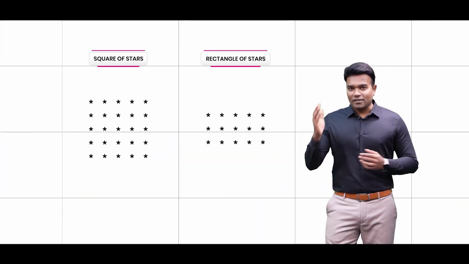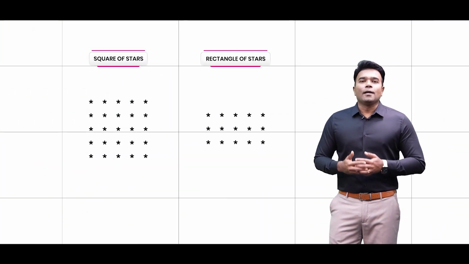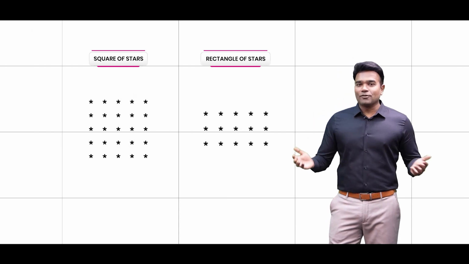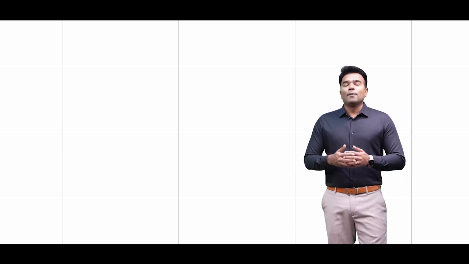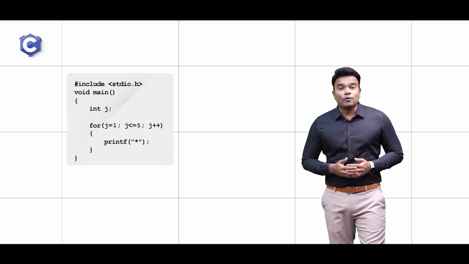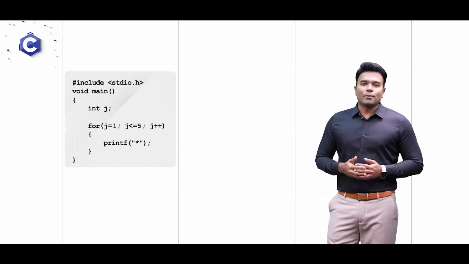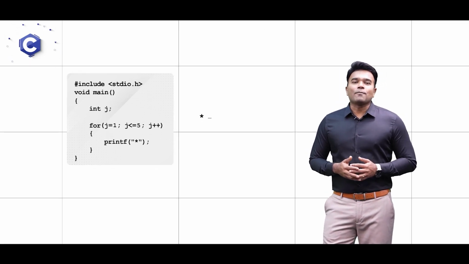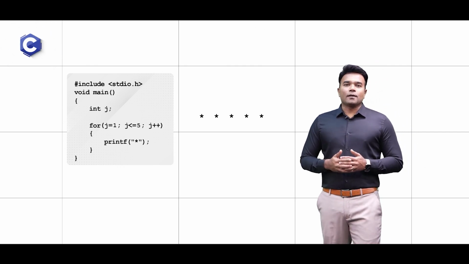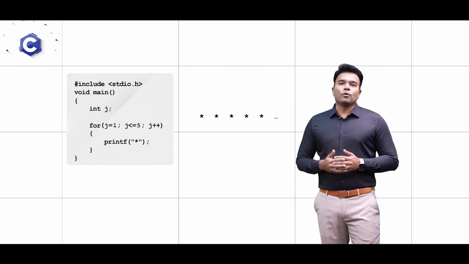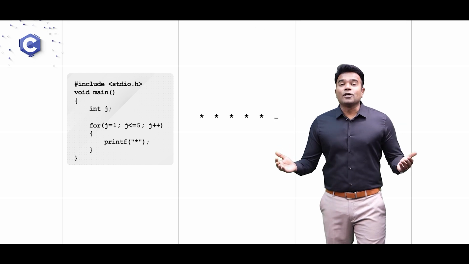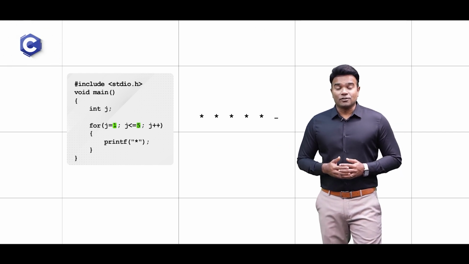Even before I dive deep and tell you how we can be creating a square of stars and a rectangle of stars, let me revisit this piece of code. I am sure that you understand that this piece of code shall be creating 5 horizontal stars. But what I really want you to focus on in this code is the initial and the final value of the loop index variable.